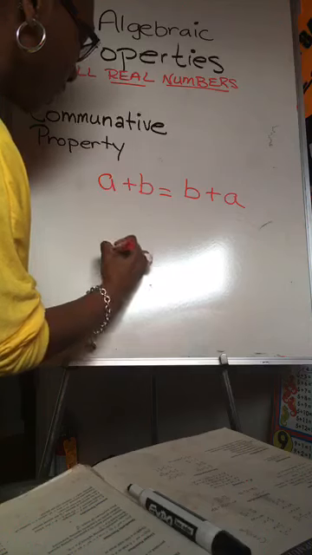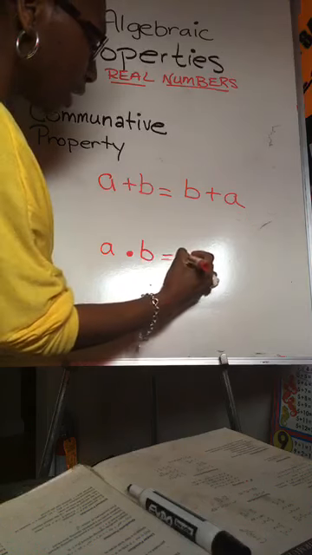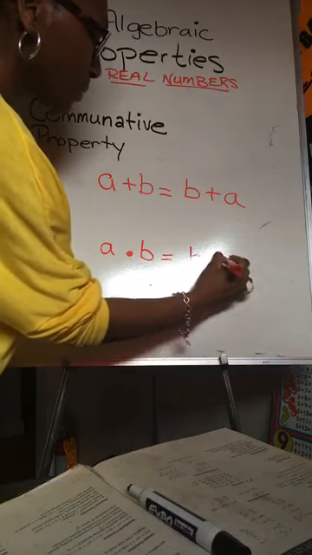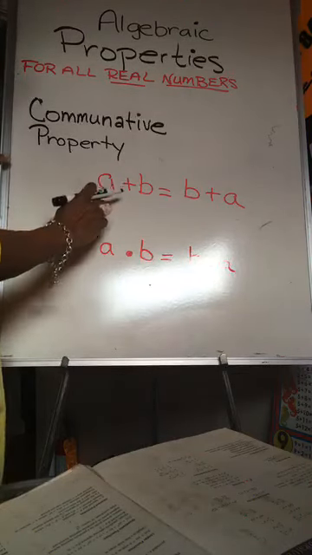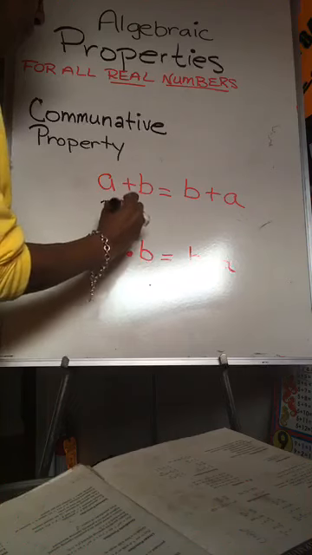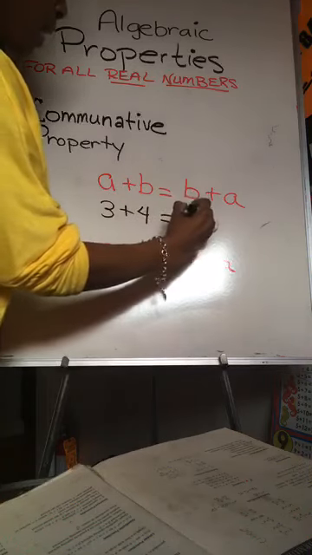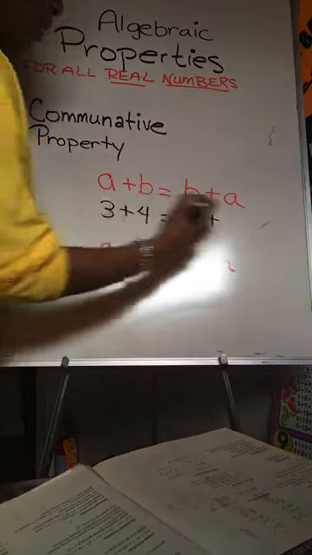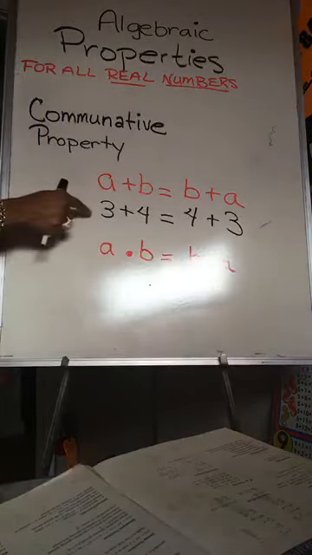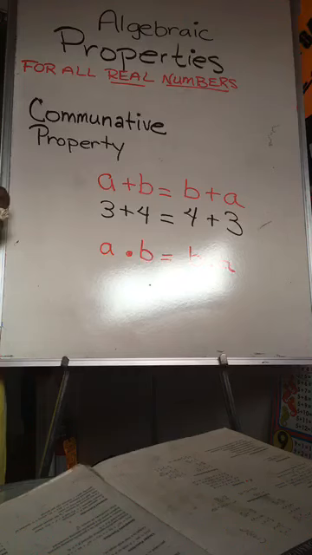So let's do A times, I'm using my dot to represent multiplication, A times B equals B times A.